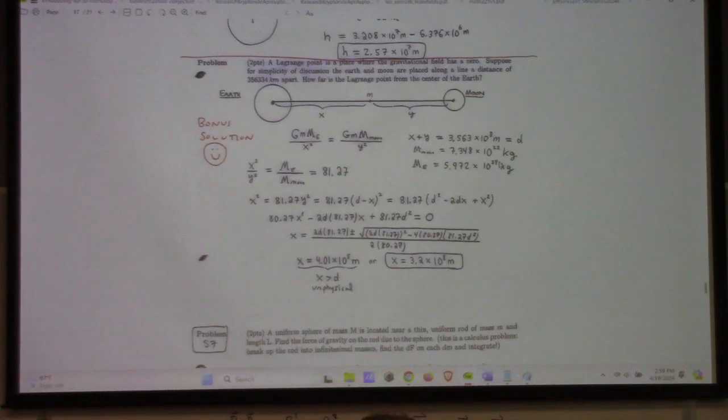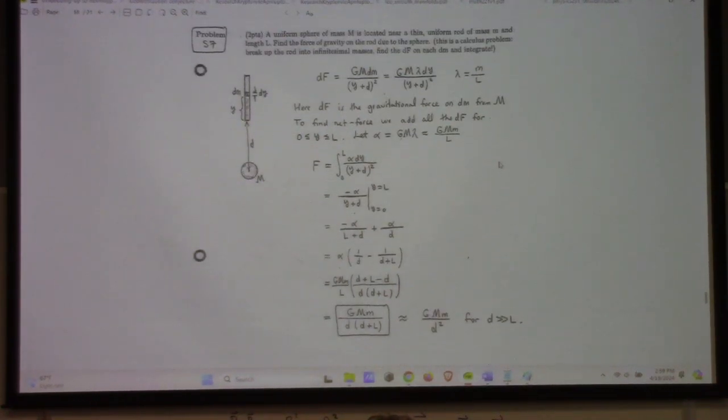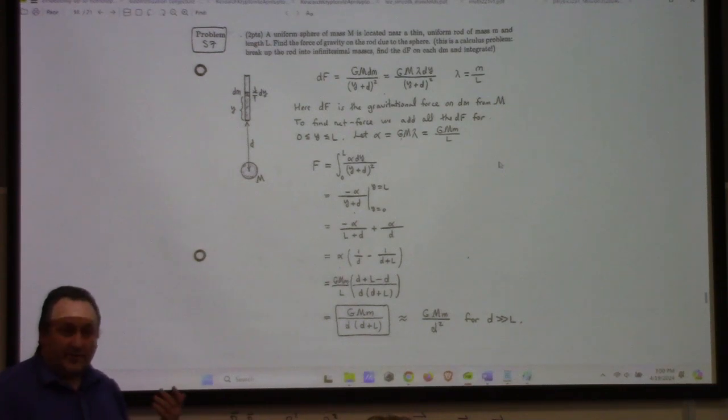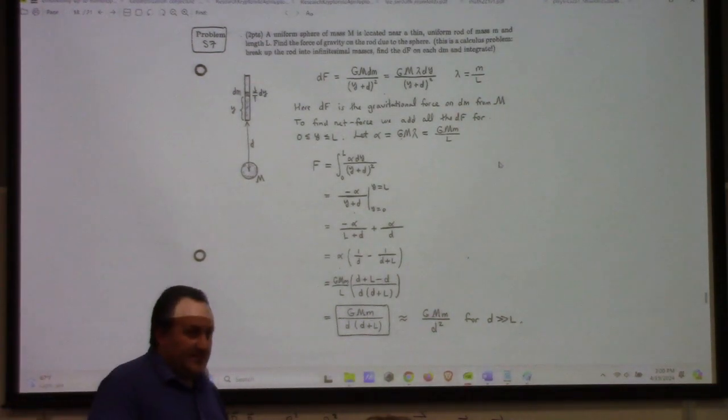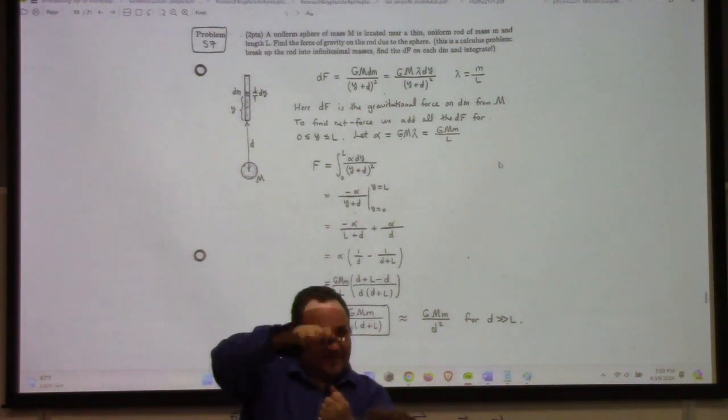Let's see here. So this one here is a nice problem. If I have a problem like this on the test, and I have wording like this, you probably should ask me, what on earth are you talking about? Is the rod like this? Is it like this? Because I didn't say.